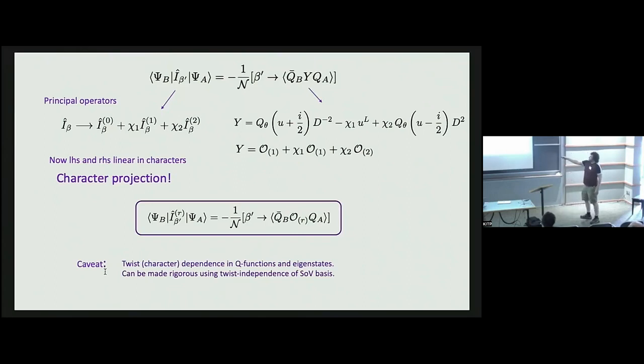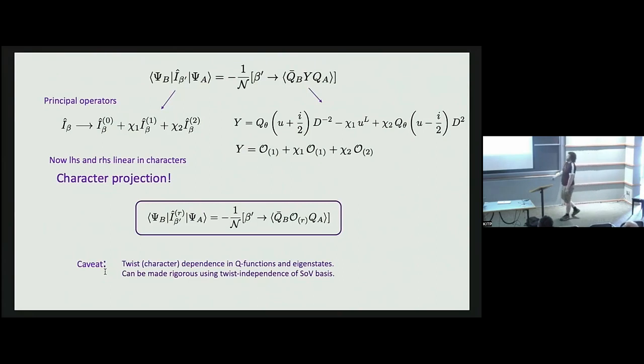And again, you see that the right-hand side is also linear in the characters. Okay? So I have, sorry, this is a typo, this should be O0. So O0 has no character in front of it. O1 has chi1 in front of it, and O2 has chi2 in front of it. So O2 is just this thing. O1 is just minus u to the L, and O0 is just q theta, and then this d to the minus 2.